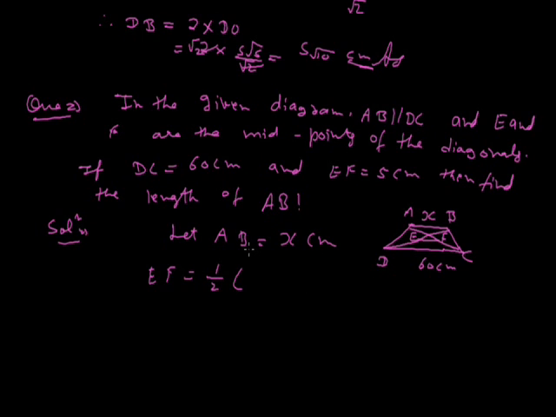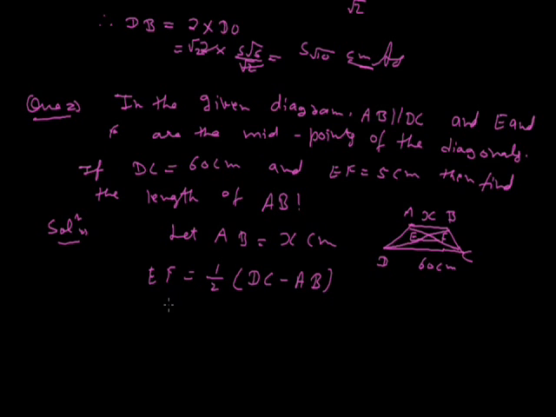This is a very important property regarding the trapezium: the length of the line joining the midpoints of the diagonals is equal to half of the difference between the two parallel lines. The difference between the two parallel lines is DC minus AB. So EF is equal to half of DC minus AB.